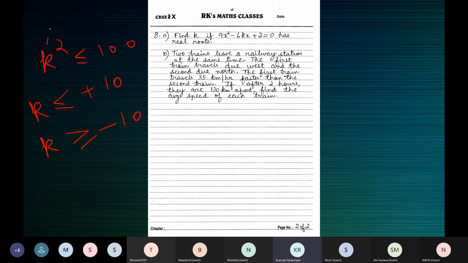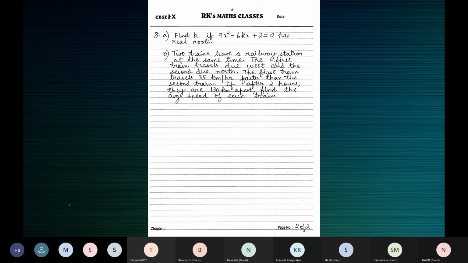So it will be plus 10 and minus 10: the same inequality, less than or equal to, for the positive value, and the reverse inequality for the negative value. Remember like this, children. That's it.